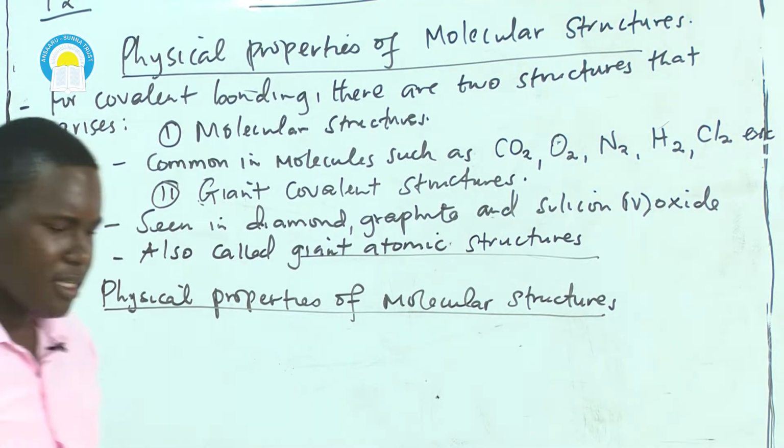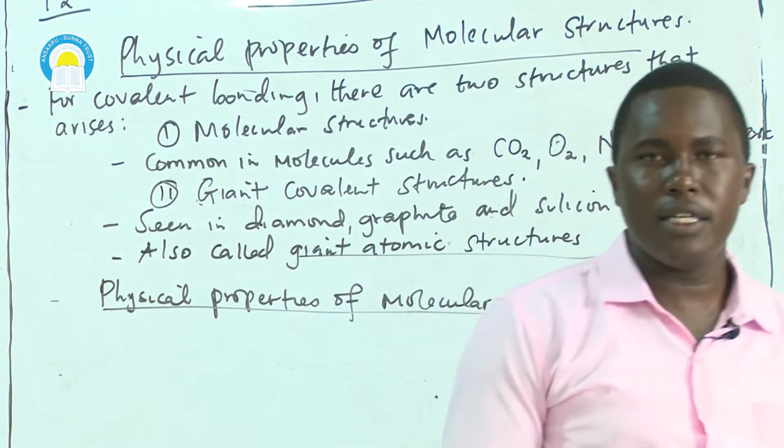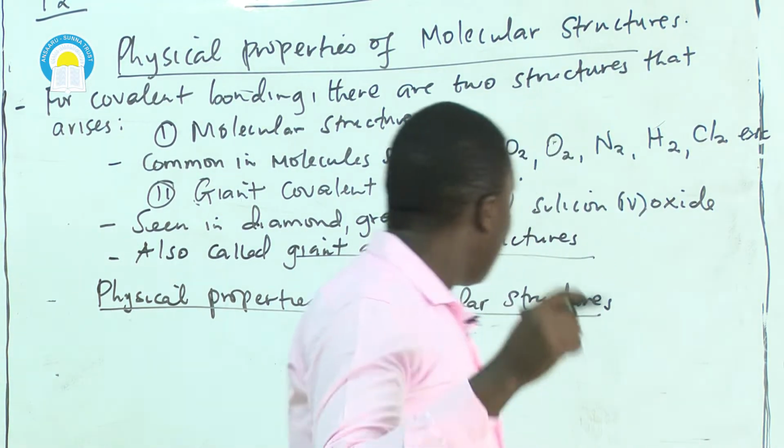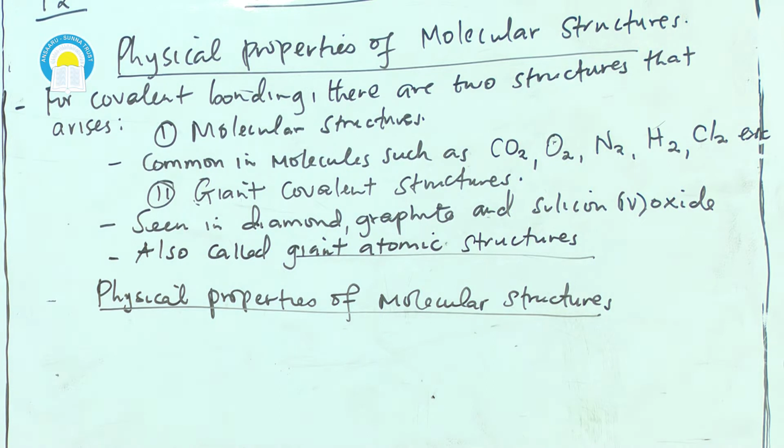Physical properties include things like solubility, melting and boiling points, and electrical conductivity, which are the physical properties we are going to look at.